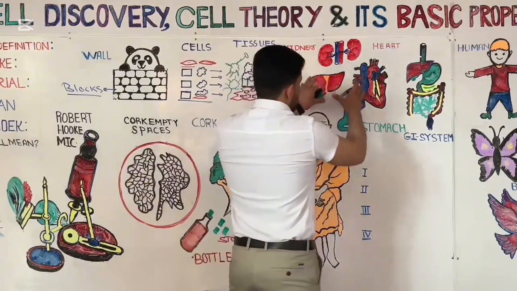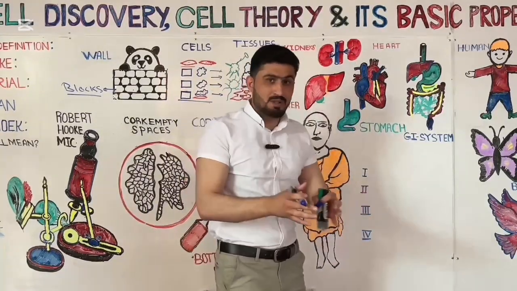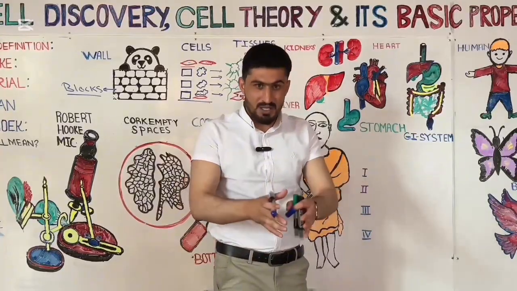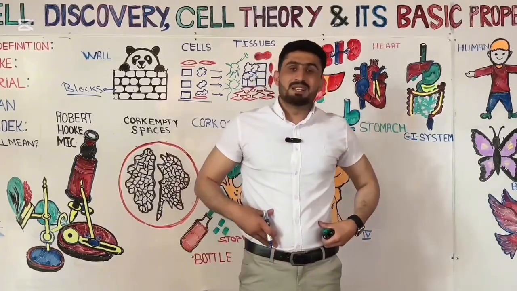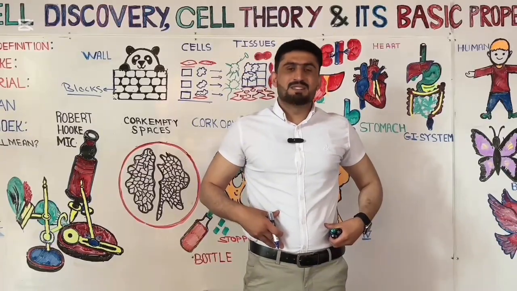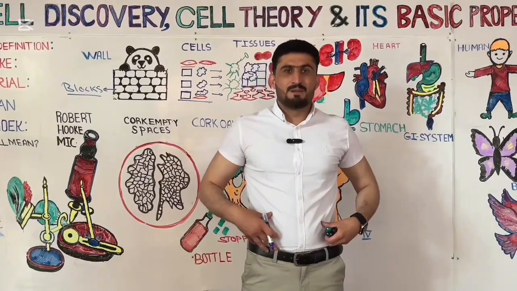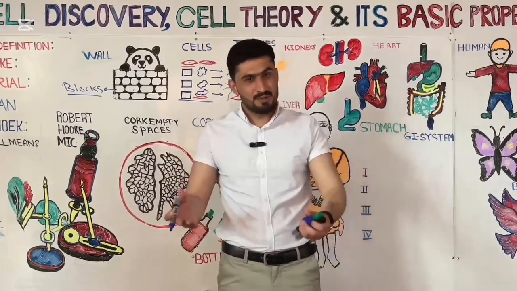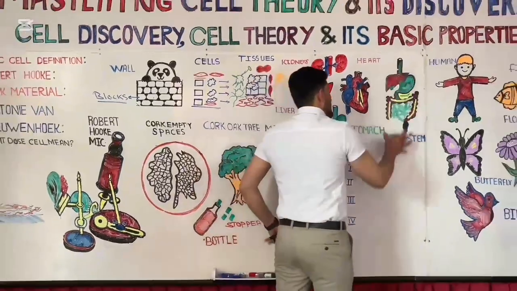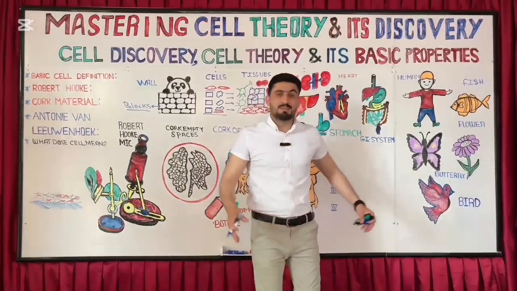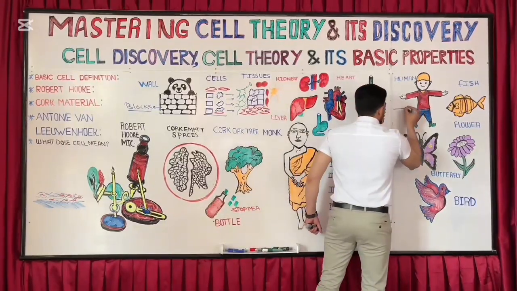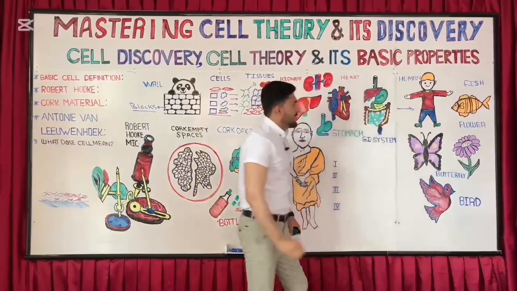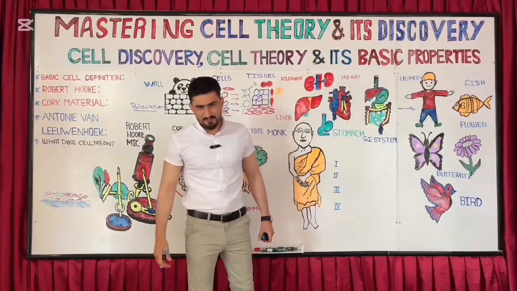When different types of organs are combined together, they're going to make a system. For example, the gastrointestinal system, the cardiovascular system, the nervous system, and so on. When various systems are combined together, they're going to make a living body, a living organism.